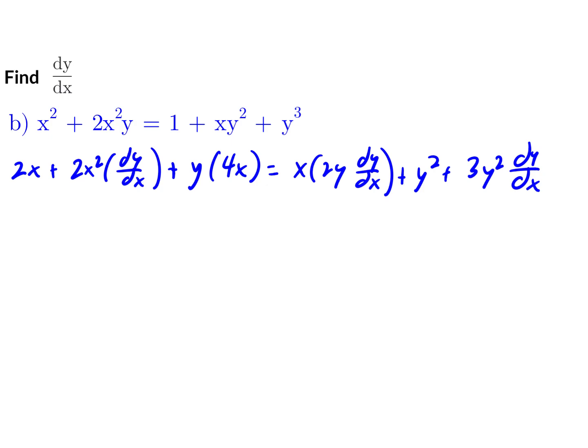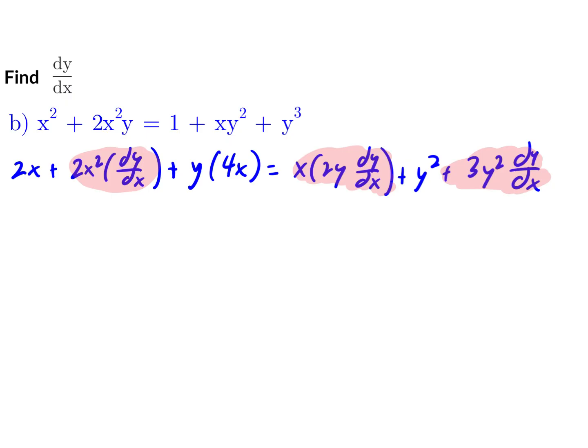Now, it would be helpful, again, to get all the dy/dx terms on one side and all the non-dy/dx terms on another side. I need to get those three things together on one side so that once I have them all together, I can just factor the dy/dx out. And then I need to have all the unhighlighted terms on the opposite side.